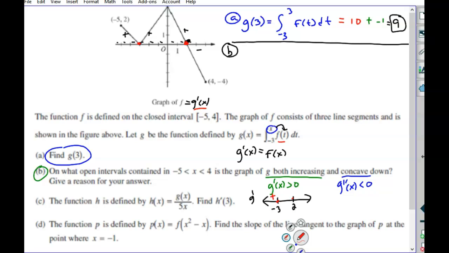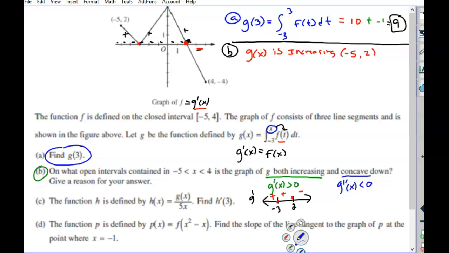And then my signs go positive, positive, negative. Right? Because we go above the x-axis, and then we shift below right here at 2. So, when is g increasing? Well, g is increasing from negative 5 all the way to 2. So I might say that. Now, you don't technically have to write this part, but g is increasing from negative 5 to 2.